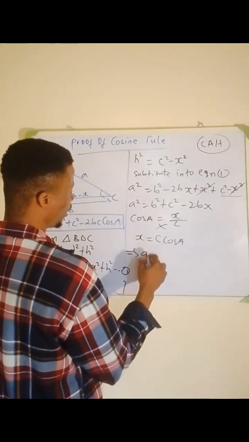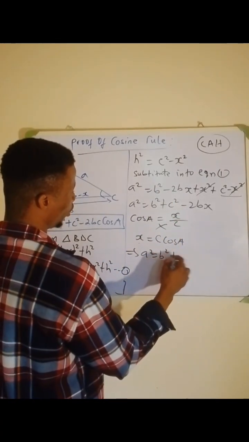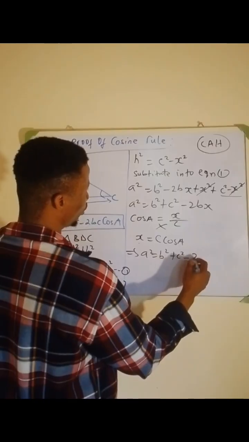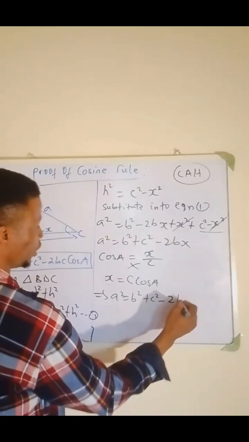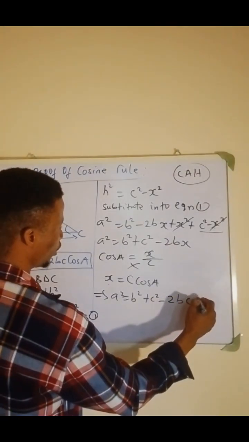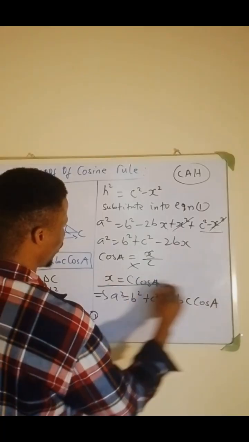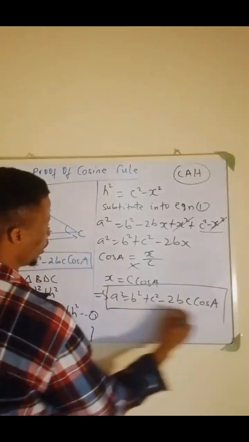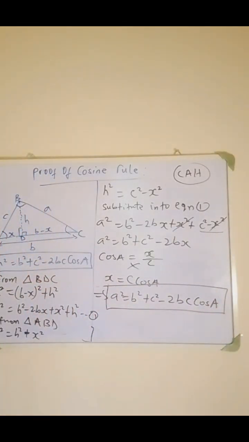You now have a square equals b square plus c square minus 2bc cos A. So we have now proved the cosine rule.